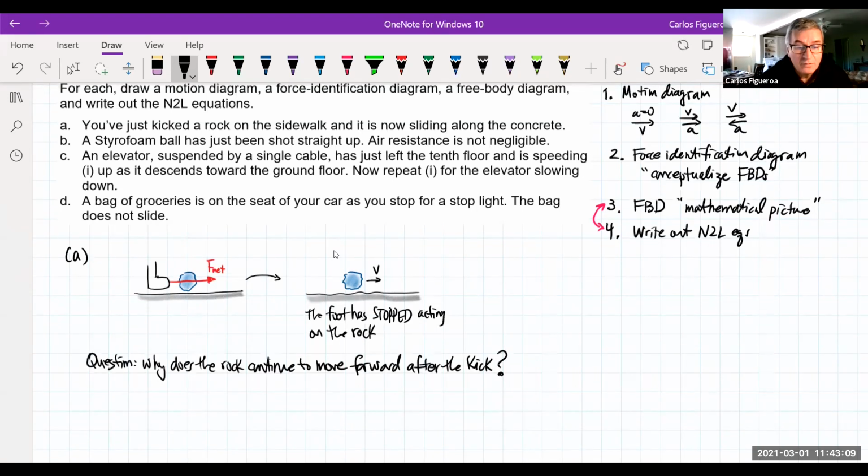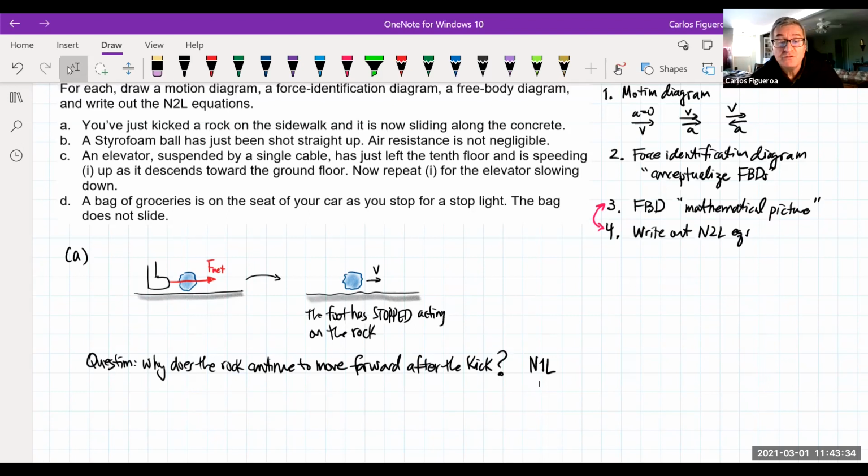The answer is, of course, Newton's first law. It will continue to move forward forever. But it doesn't move forever. But that's the reason it's going forward: Newton's first law says it's going to continue to move forever.